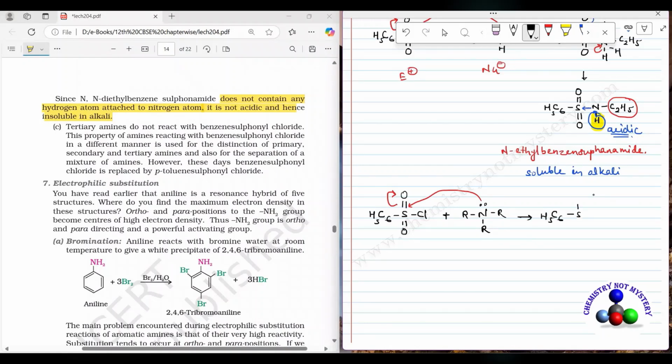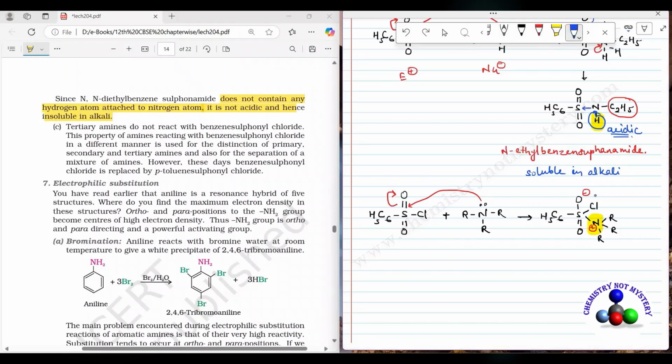C6H5 is bonded with oxygen. This oxygen will develop a negative charge. Here it is bonded with oxygen. On the other side it is bonded with Cl, and on the other side it will make a bond with nitrogen, which is already bonded with three alkyl groups. This nitrogen will develop a positive charge. But to neutralize the charge over nitrogen, there is no hydrogen.